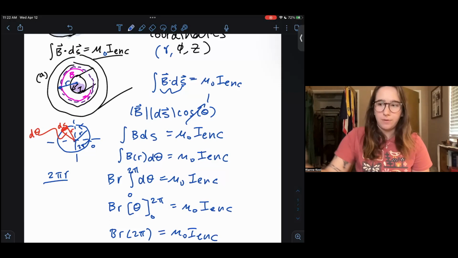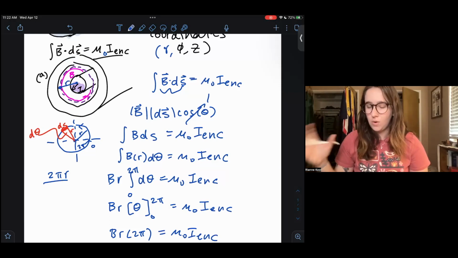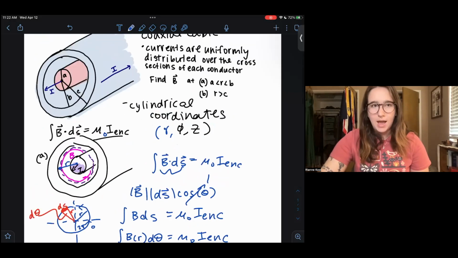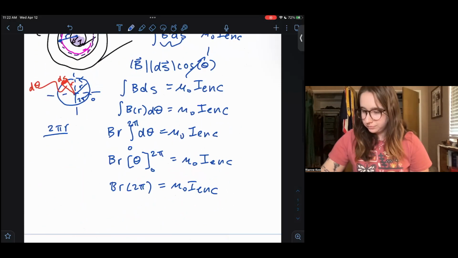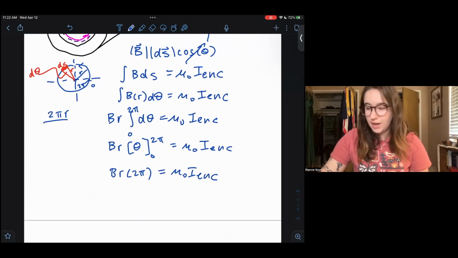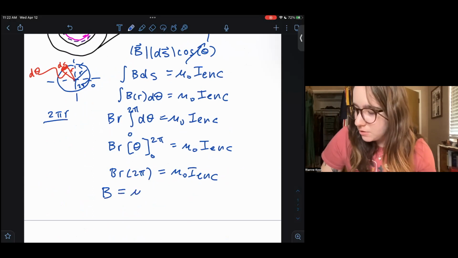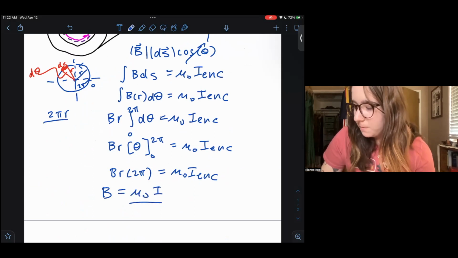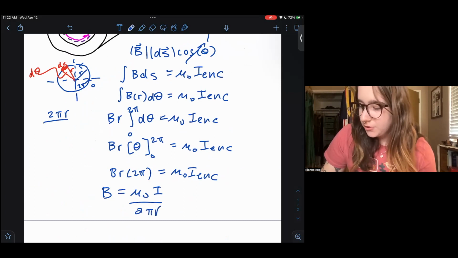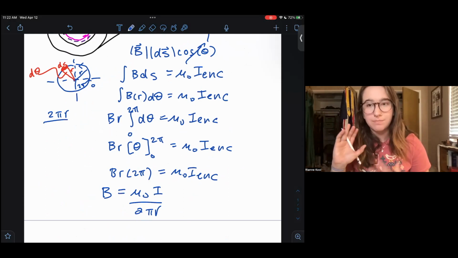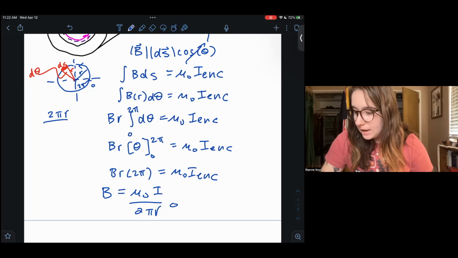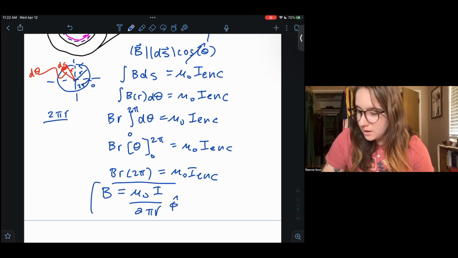It's the one that's coming out from the inner cylinder of the coaxial cable. We don't care about this I that's out here because it's not enclosed in our Amperian loop. So our I enclosed is just I. Now I want to isolate B to solve for the magnetic field. What we're left with is mu naught I over 2 pi r. So that is our magnetic field between the two cylinders, and it is in the phi hat direction like we decided earlier.